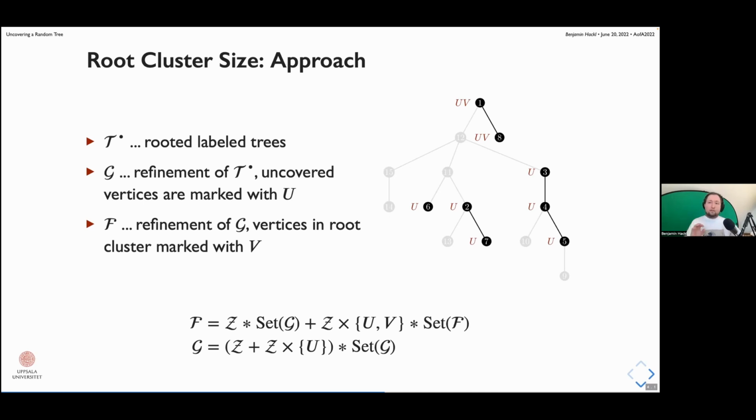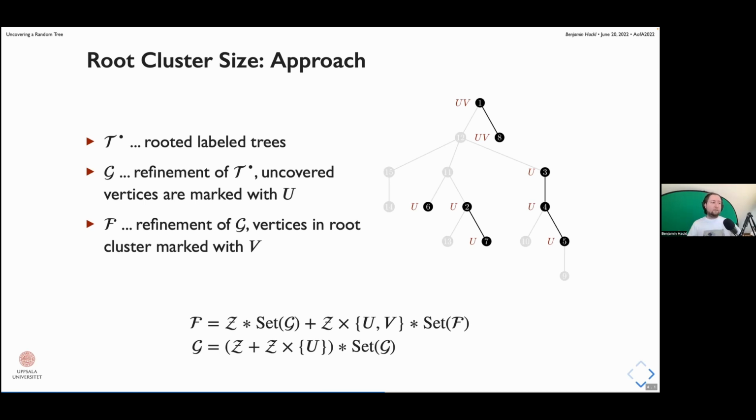Or the root is covered, then we get z for the size times a factor of both u and v, with a bunch of children attached again, in order to symbolize that if the root is covered, any children of the root that are uncovered will also be part of the root cluster.